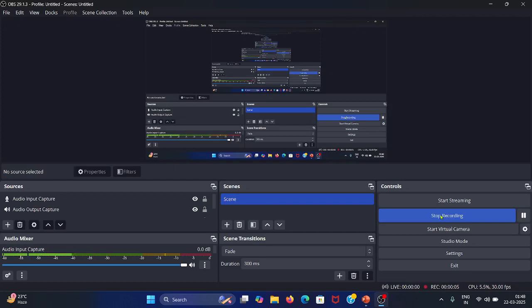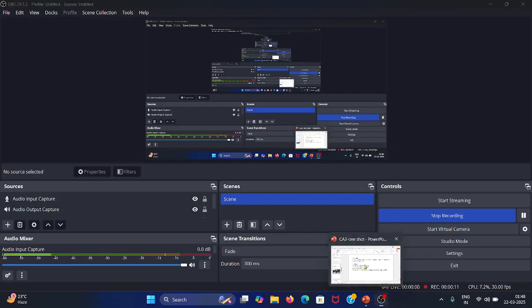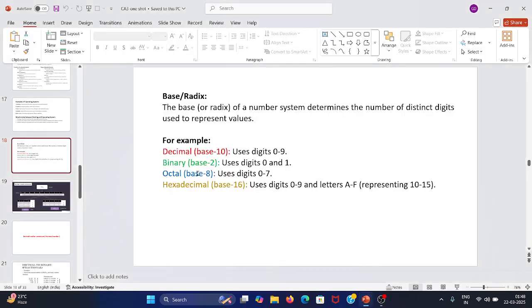So in this video, what we are going to do is discuss the different number system conversions as well as different types of operations on different types of numbers, mainly on binary numbers.